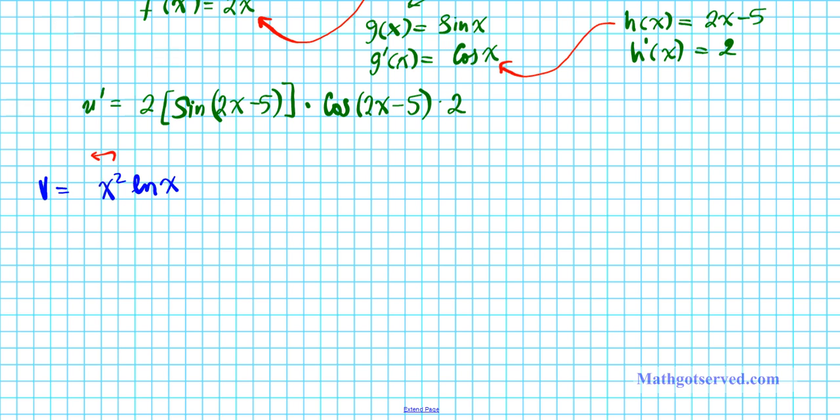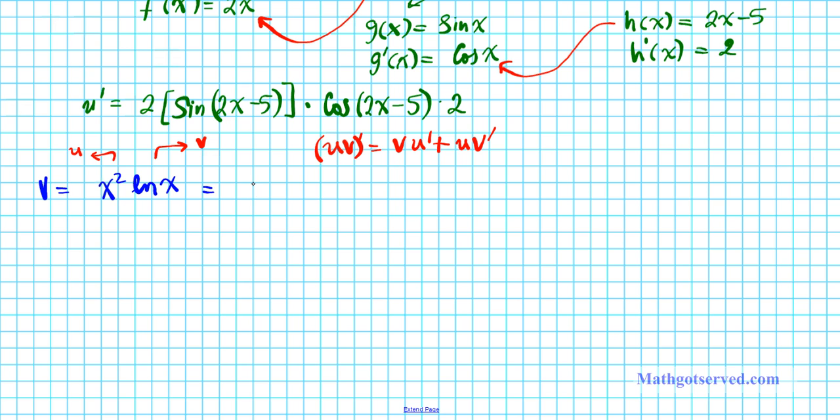Okay, so let's call x squared u, and ln x will be v. You remember what the product rule is. uv prime is equal to v u prime plus u v prime. So let's apply that here.